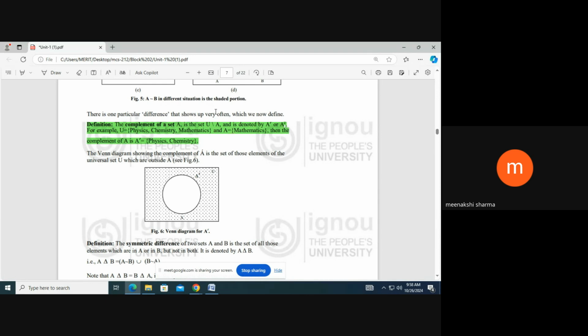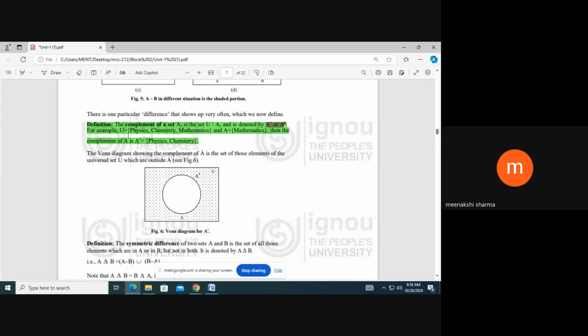Students, the complement of set A is the set U complement A. U means the universal set. The universal set complement A is denoted like this. It's called A complement, or A power C, also called a complement.